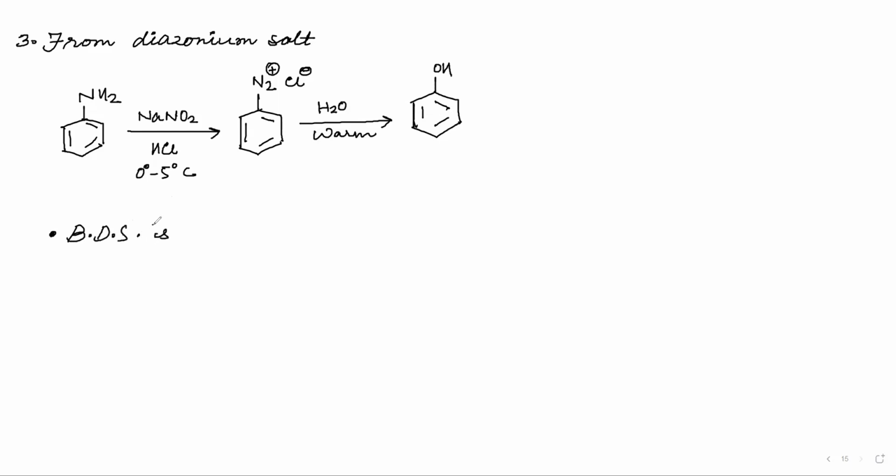BDS is always prepared in situ. What does in situ mean? In situ means that we have aniline and we add NaNO2 and HCl, and then we prepare it in the reaction beaker itself.